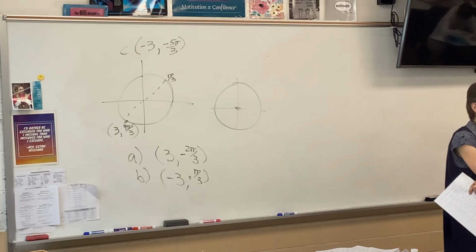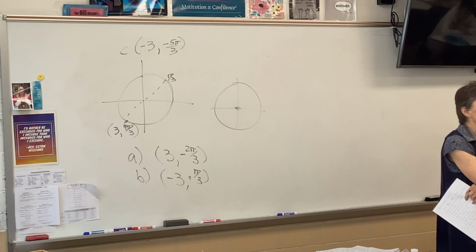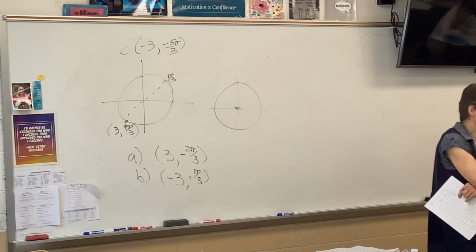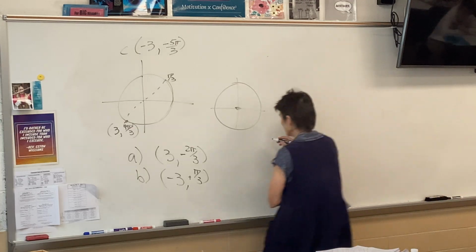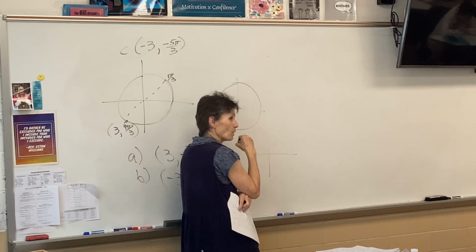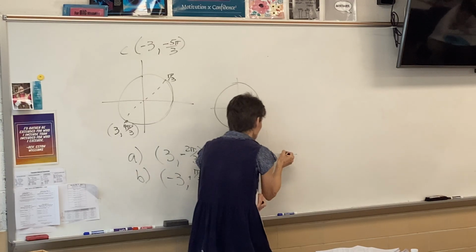2 cosine theta. That one's also a circle. What's that circle look like? It doesn't look like that one. What's this circle look like? Left, right, top, bottom. Right to the right.